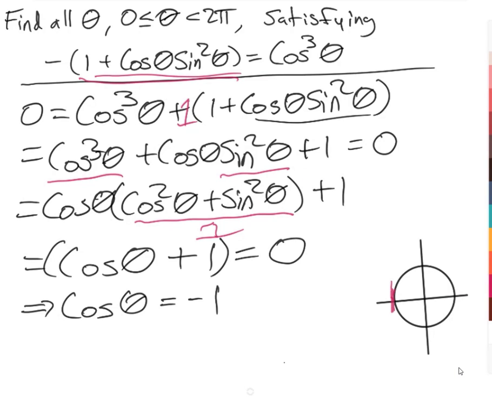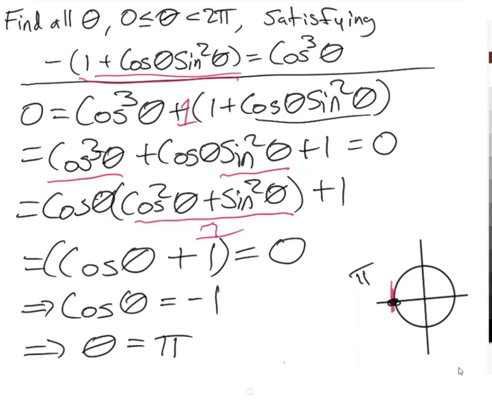So what we now need to do is determine what angle puts us at this location on the unit circle. We recall a pi radian rotation is a half circle. So that means that the angle we need is pi radians. What this means is that cosine theta equals -1 implies that theta is equal to pi radians.